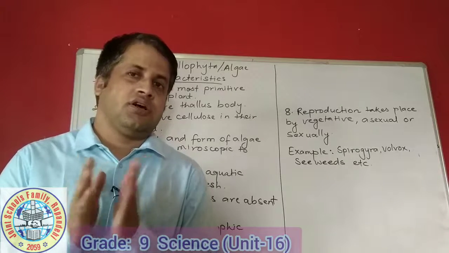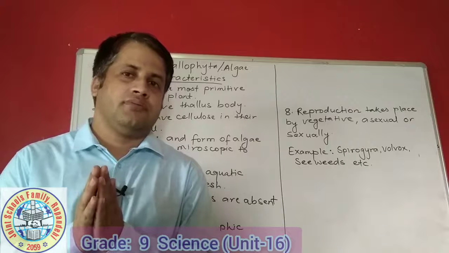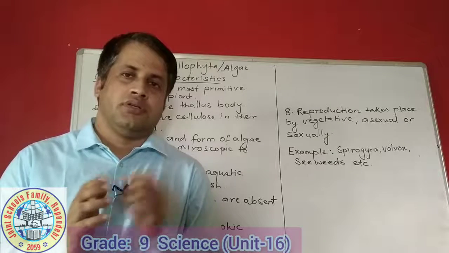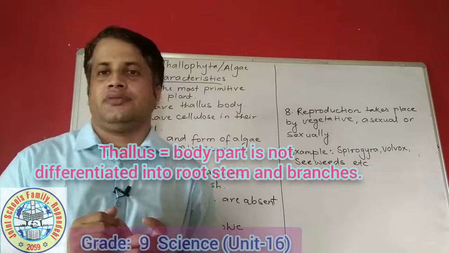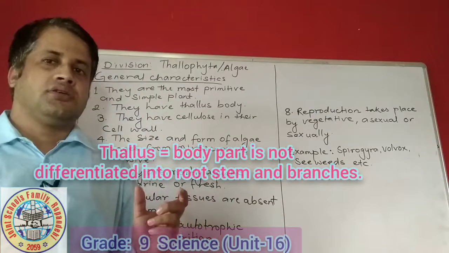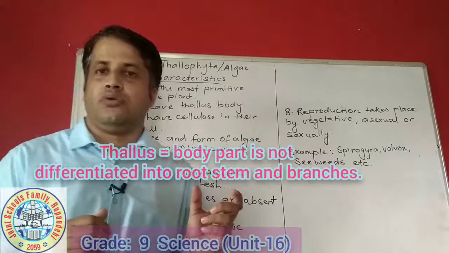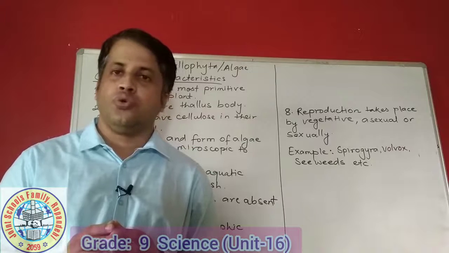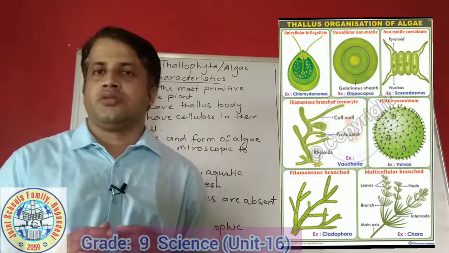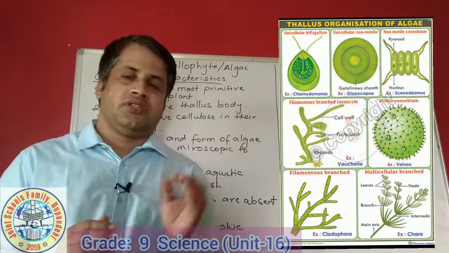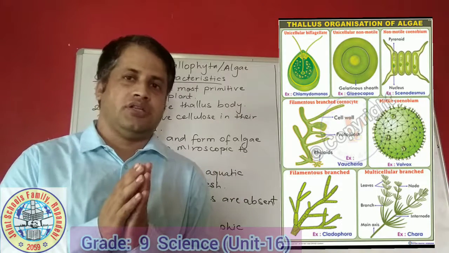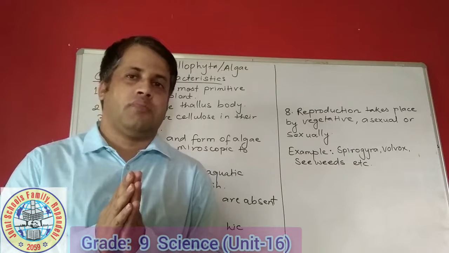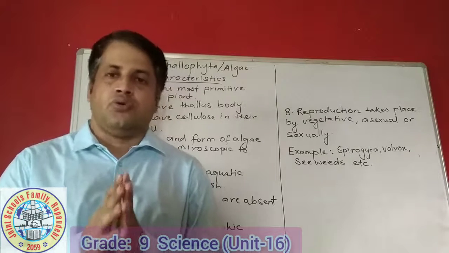Thallophyta is a term derived from Latin, and it means thallus and phyta. Thallus means the body is not differentiated into root, leaves and branches, and phyta means plant. So those plants whose body is not differentiated into root, stem and leaves are classified in this group, and mostly they are eukaryotic plants.